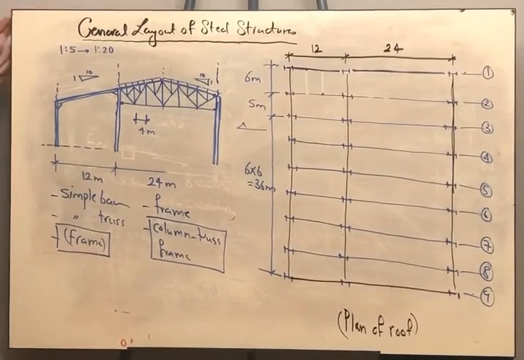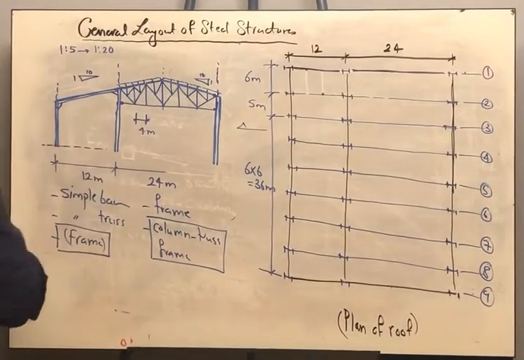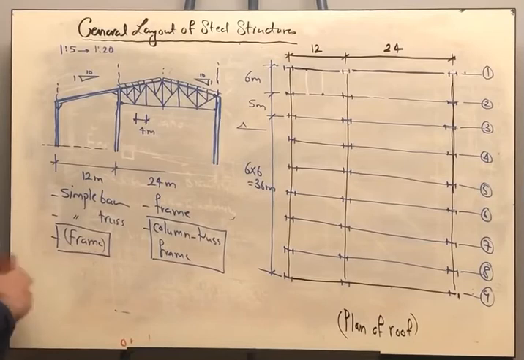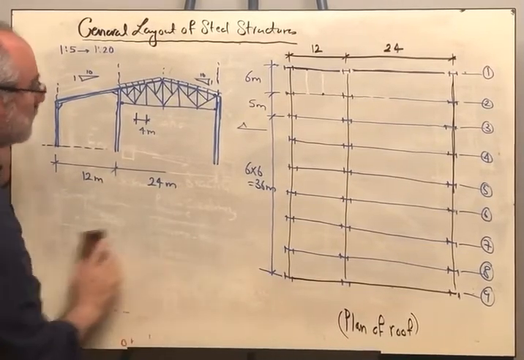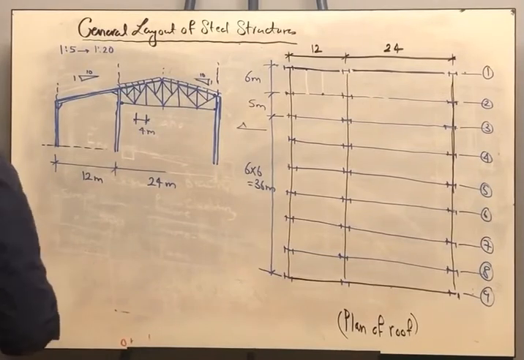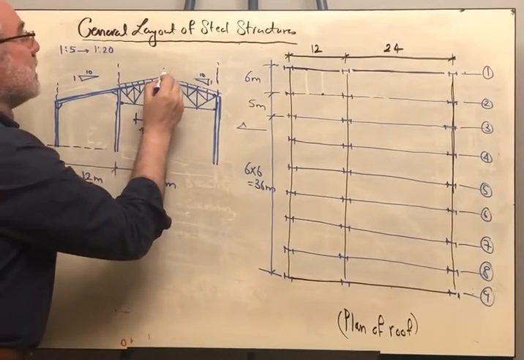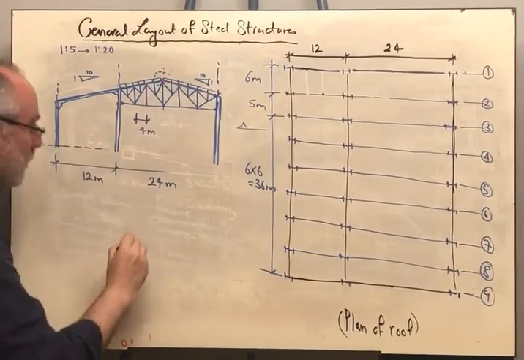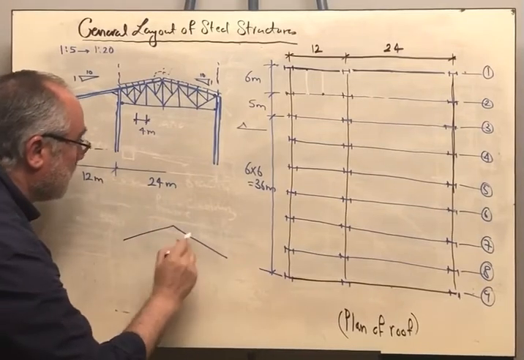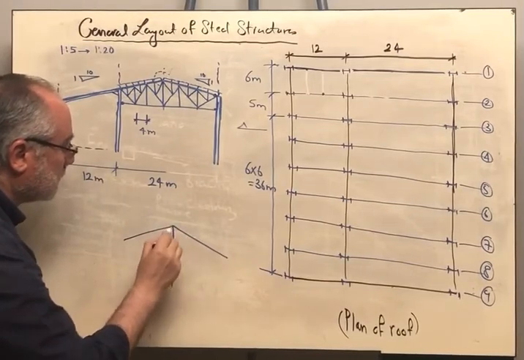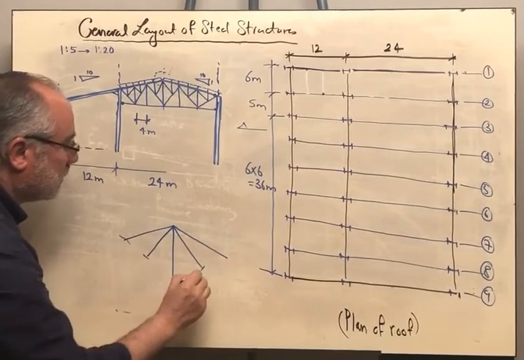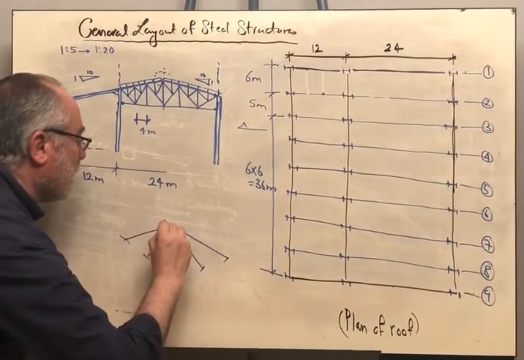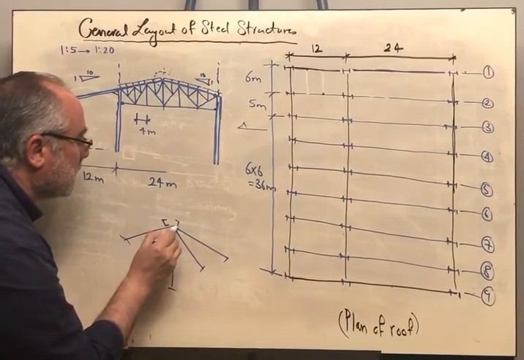Now take care. We are having 2 points here that we need to talk about. If we elaborate on what is happening here, the truss members are like that, and we are having one purlin on this side and another purlin on the other side.